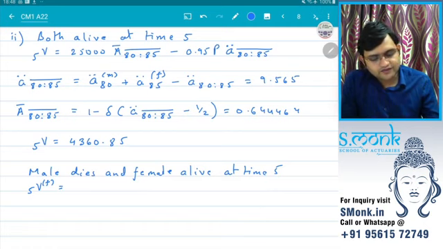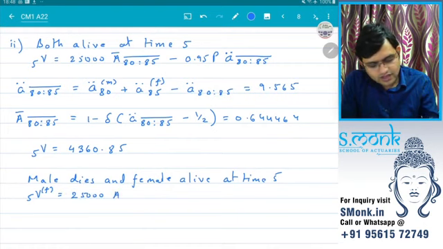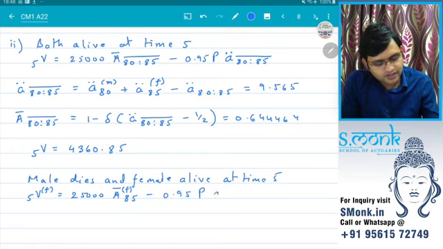So I'm saying at time 5 female would be age 85. Right now I'll say it is 25,000 A bar 85. Payment given immediately on death of female, so you can write F here. Minus 0.95, premium is supposed to be paid till the death of again female.